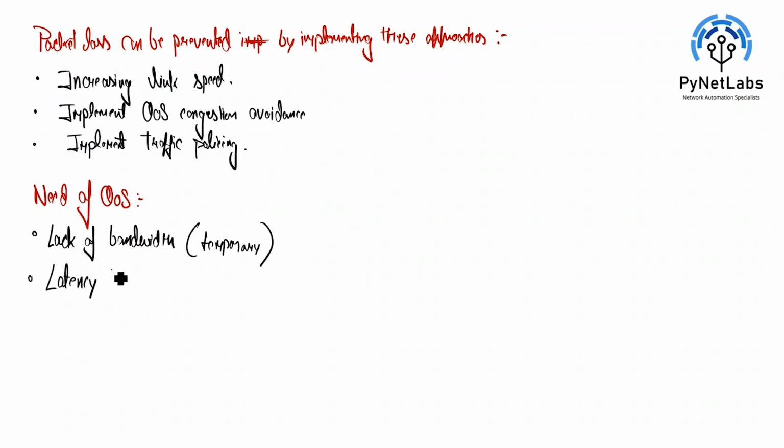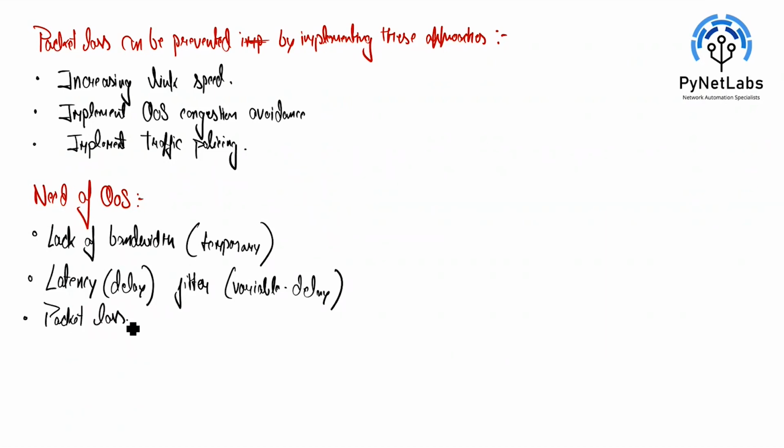Latency is delay, and we also have jitter, which is variable delay. These are two more factors. Another need for quality of service is packet loss. These are some of the needs of quality of service: why we need it inside our production environments, and why it is basically used.